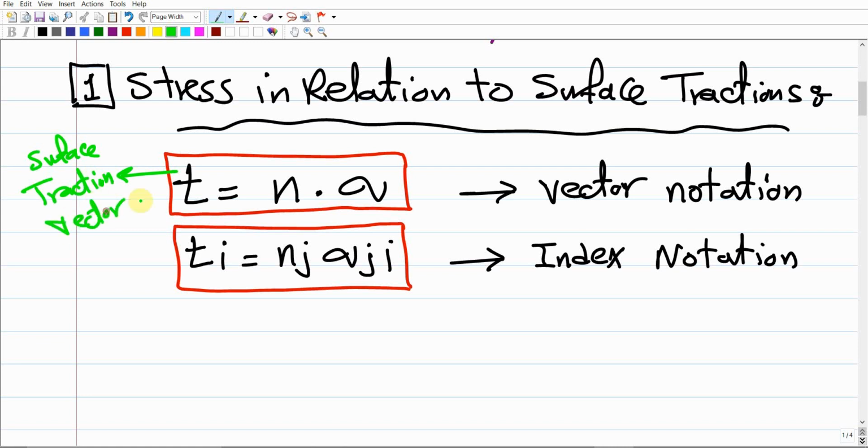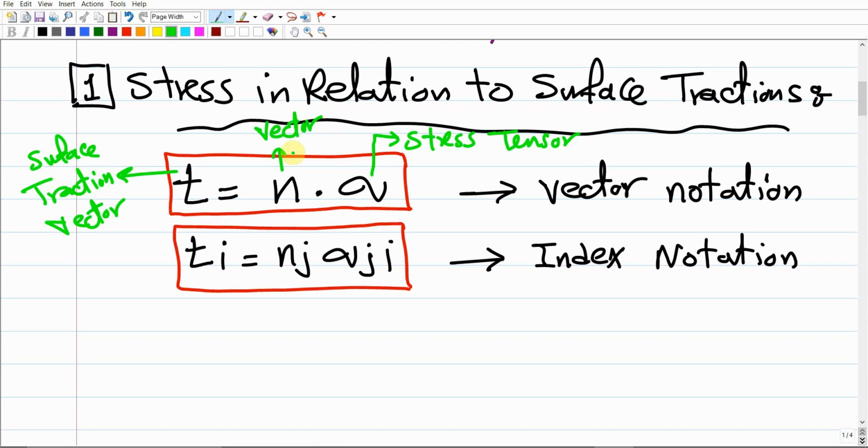It is already a vector. Sigma is the stress tensor, a second order tensor, and n is the unit normal vector, normal to the surface itself, and it is a vector as well.